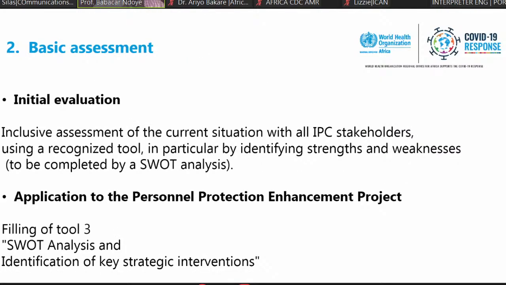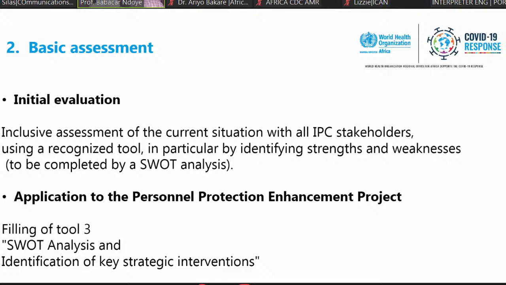The second step is the baseline assessment. What does WHO say? WHO says that to start the activities, after the preparation, the activities should be devoted to initial evaluation. It's a process, an inclusive assessment of the current situation with all IPC stakeholders.